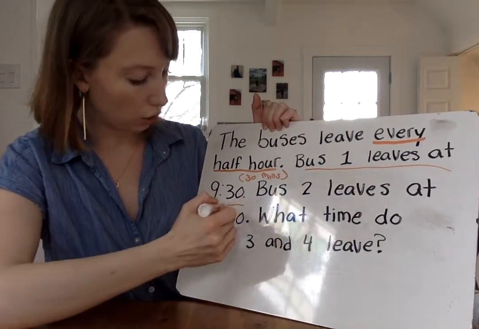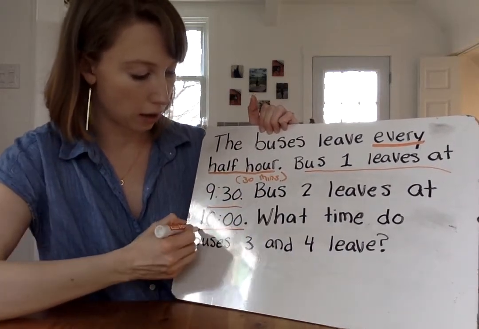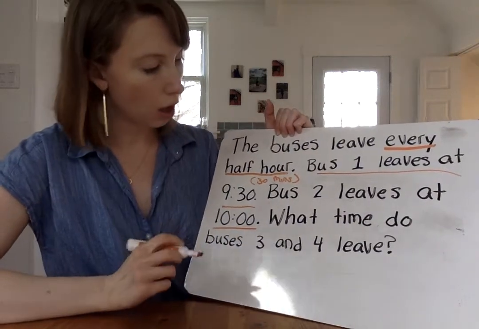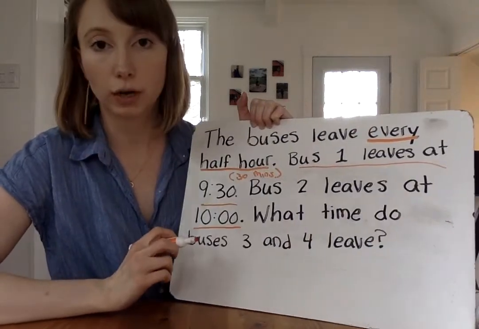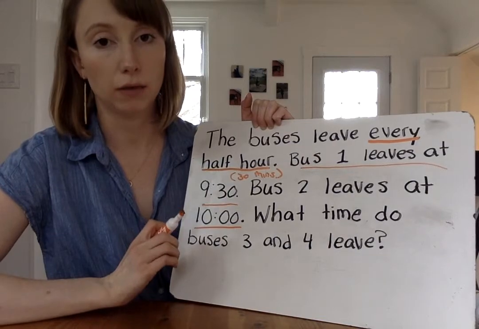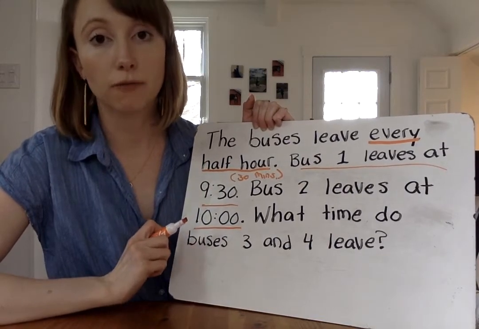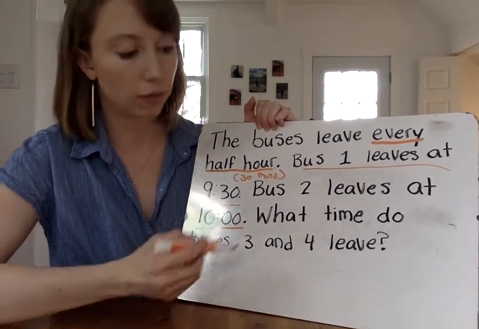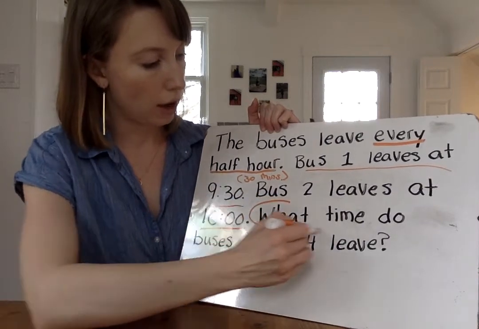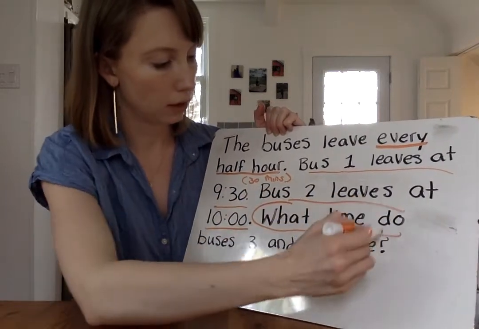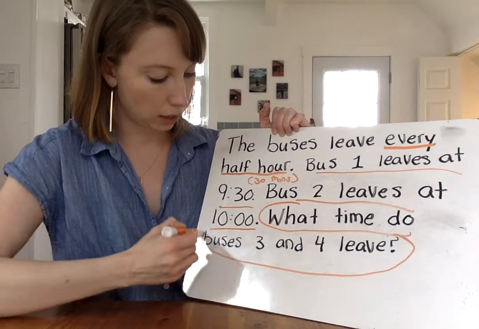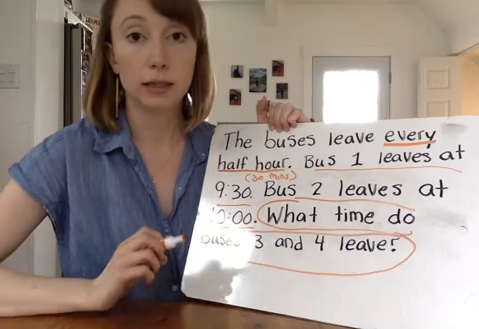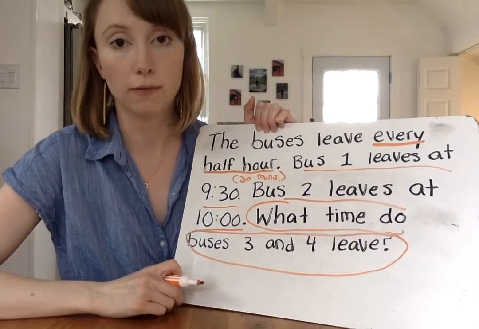Bus 2 leaves at 10. What time do buses 3 and 4 leave? So that is what we're trying to find out. So I am going to circle that question. What time do buses 3 and 4 leave? Because that is what we're trying to find out.